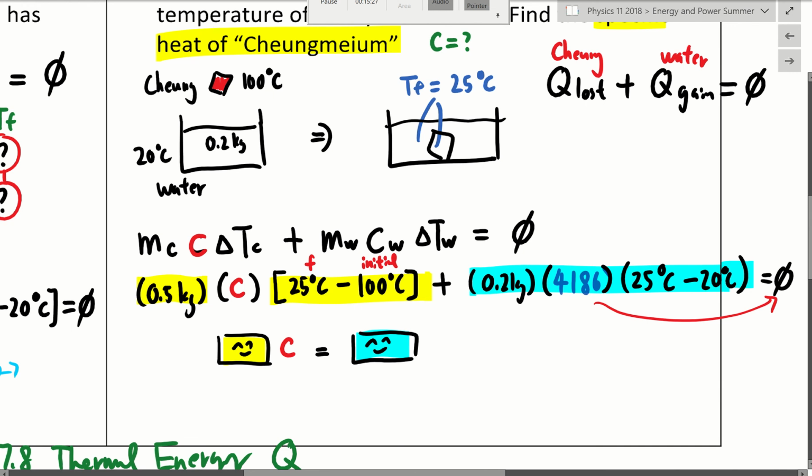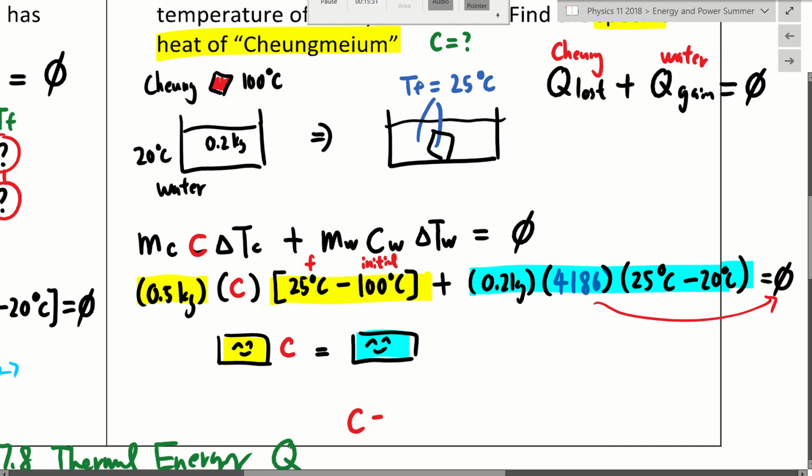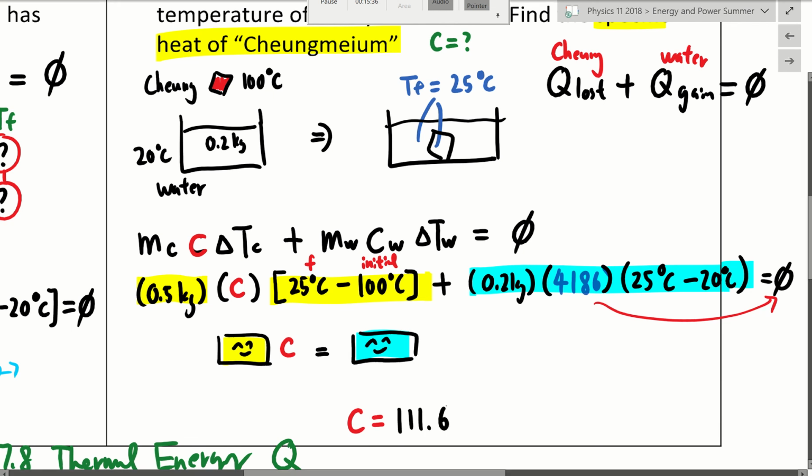And then you divide both sides by the yellow happy face, and you should be able to get the specific heat. So the specific heat, according to my calculation, is going to be 111.6 joules per kilogram per degree Celsius. Remember, that's the unit for specific heat capacity, joules per kilogram degree Celsius.